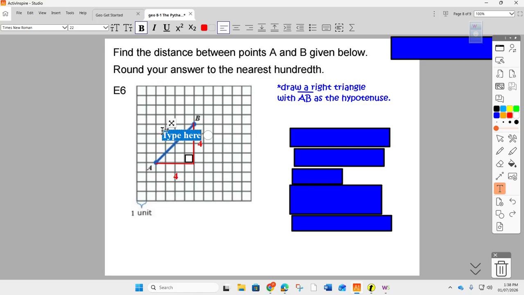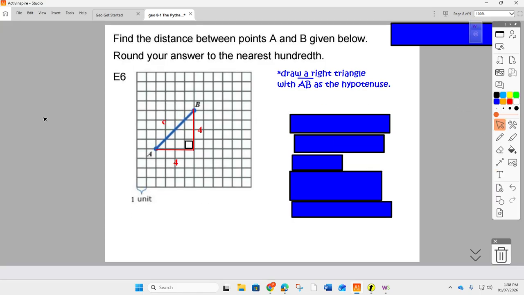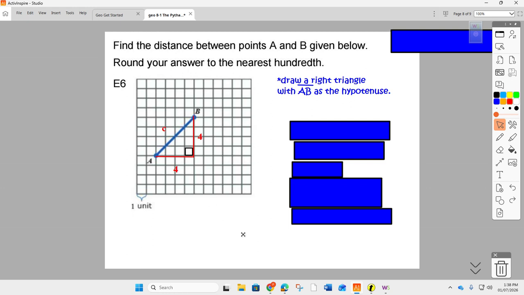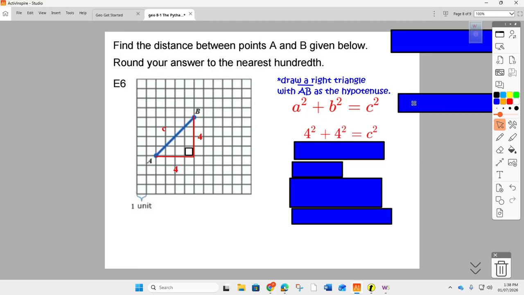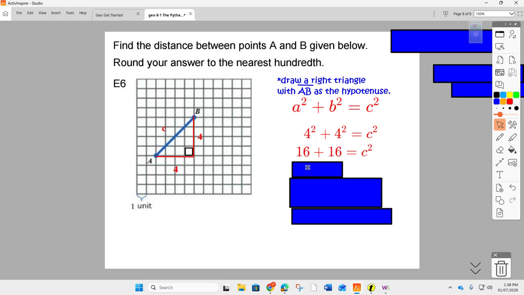So we can use that same formula again, right? So the legs, 4 squared plus 4 squared equals C squared. Sorry, equals C squared, not 16 squared. You could use the shortcut and go straight to here, but I evaluated it there.